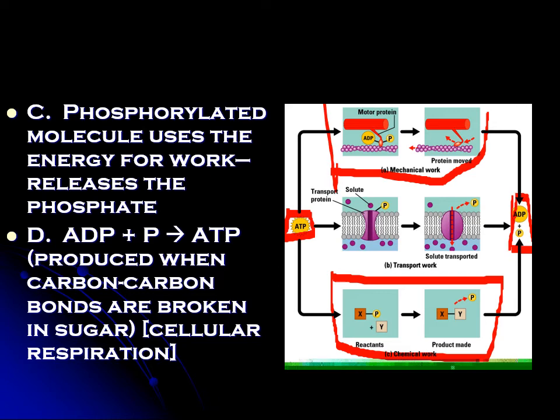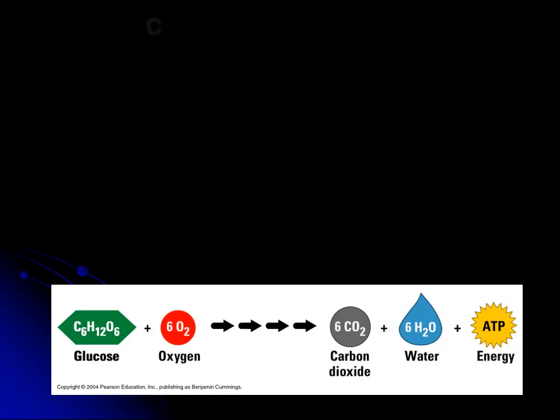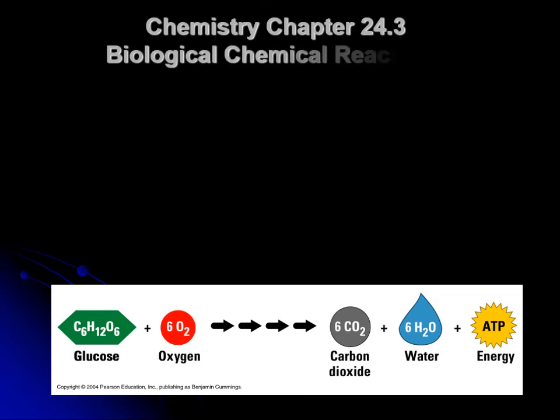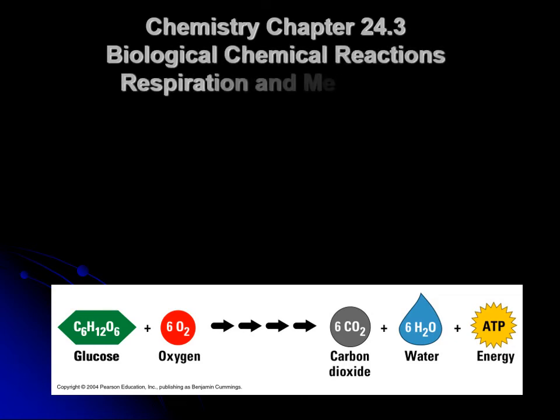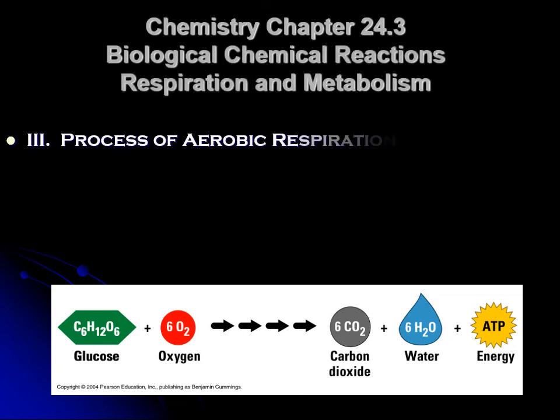So how do we create the ATP? If you remember photosynthesis and respiration, they're complete opposites of each other. So we're going to be looking at respiration, which is the opposite of photosynthesis. If you take sunlight, carbon dioxide and water and put those together in a plant, you'll create glucose and oxygen. Now we're taking the glucose from the plant, either directly from sugars or from starch, and we're going to use oxygen.